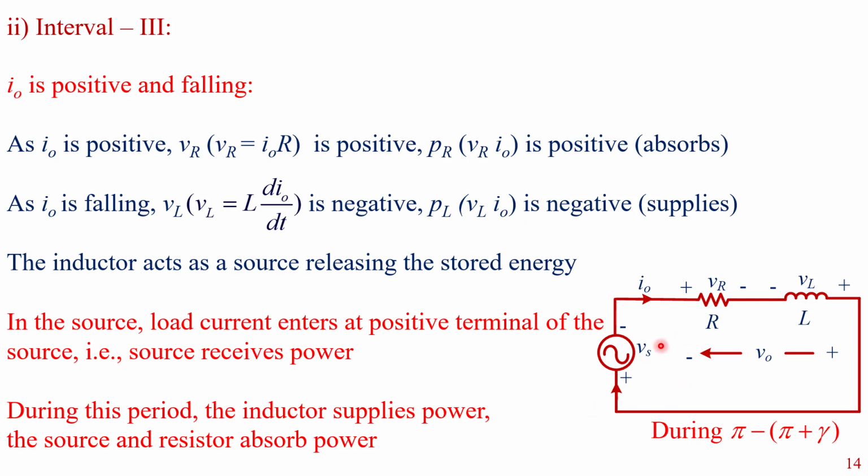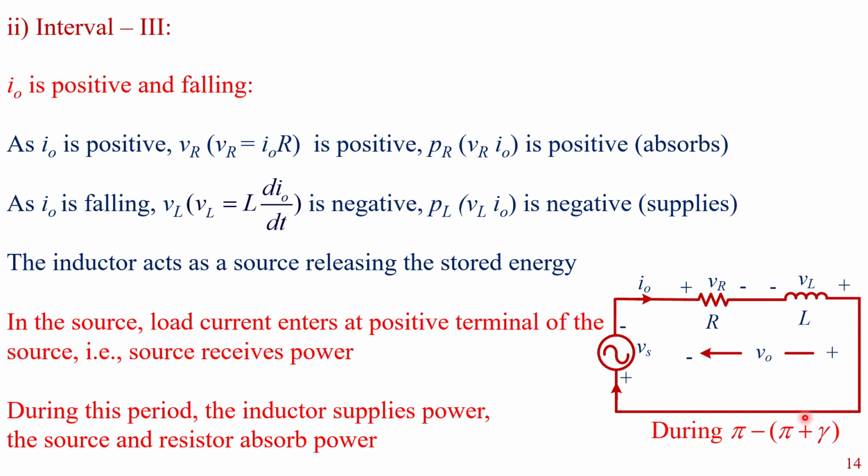If you look at the equivalent circuit, the input voltage is reversed. So this terminal is positive and this terminal is negative. In the source, the current is entering at the positive terminal, and in the resistor, the current is entering at the positive terminal, whereas in the inductor, the current is leaving at the positive terminal.